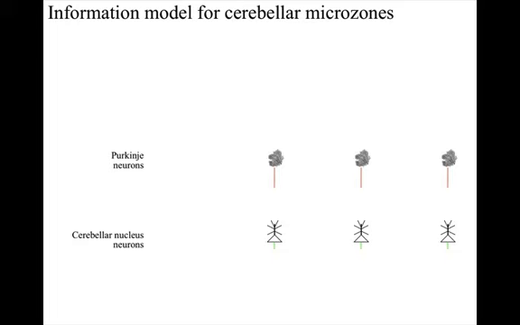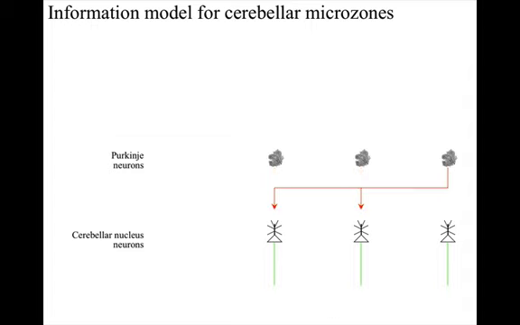So if we have a closer look at a microzone, it's got a group of about 100 inhibitory Purkinje neurons, at least in a mouse brain, and a group of excitatory cerebellar nuclei neurons. The cerebellar nuclei neurons target muscle control, each neuron activating the brainstem or spinal cord muscles that control one movement.